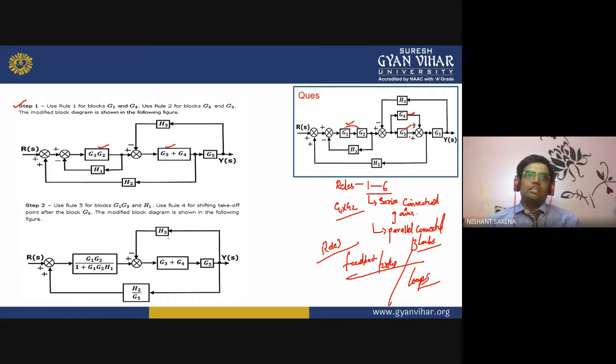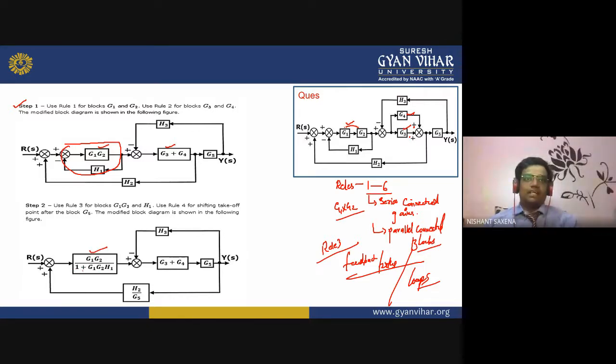When we are reducing the loops or blocks, first of all, which one is the block and which one is the loop? After solving step 1, we can find that this is an individual loop which can be resolved easily. When we find the net overall transfer function for only this much of the block, we get G1 G2 upon 1 plus G1 G2 H1.